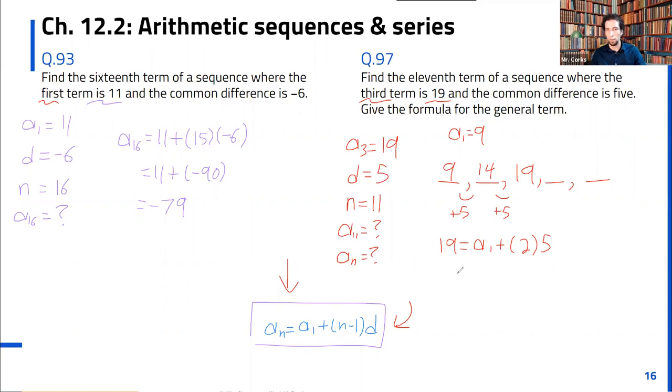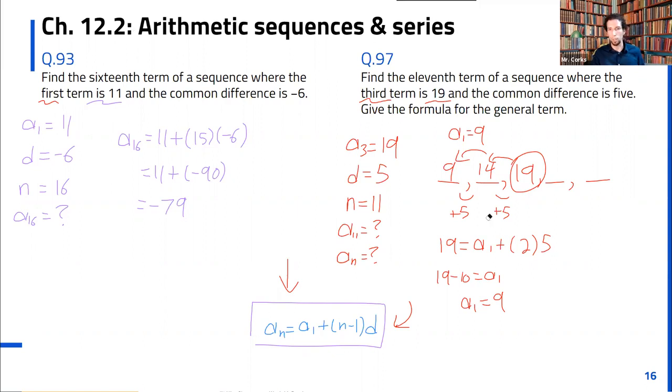If we work this out, it would be 19 minus 10 equals A1. 19 minus 5 two times. It's the exact same thing. We can do it with the formula, or we can think our way through it by writing out the numbers, but it's the exact same math. So this also gives us A1 is equal to 9 here.